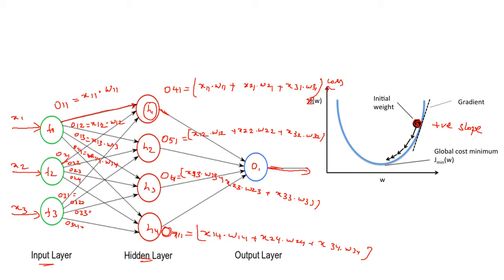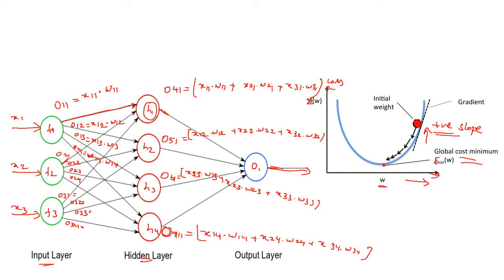Loss is on the y-axis and weight is on the x-axis. If the sample point lies in this place, then the gradient slope is called a positive slope, because here the weight value is increased and the loss value will also be high when compared to the global minimum. This is the global minimum, isn't it?